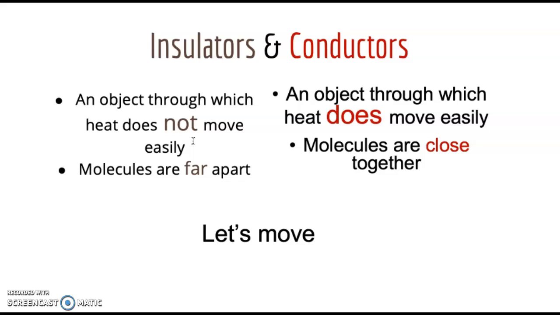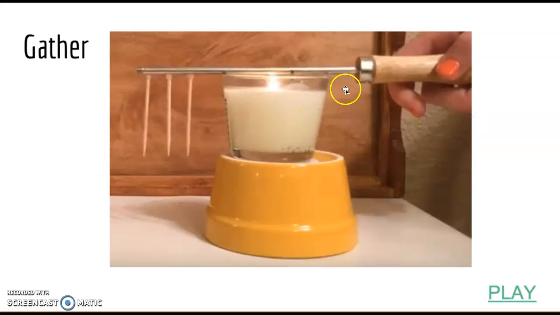And it's because the molecules are close together. So back to that candle experiment, this metal rod was transferring the heat really fast because metal is a good conductor. The molecules in metal are really close together. So as one molecule receives more energy from that fire, it's going to hit and transfer energy to the molecule right next to it. And it's going to keep doing that, transferring its energy down.